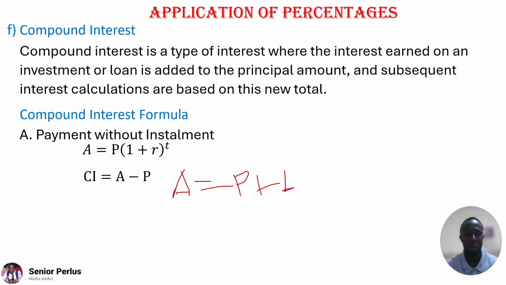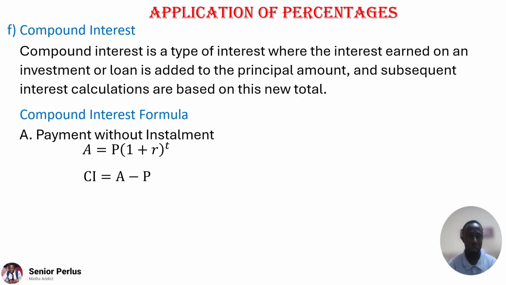But we are doing compound, so we make the interest the subject, and the P will come here. So it becomes amount minus the principal. So our compound interest is amount minus the principal.